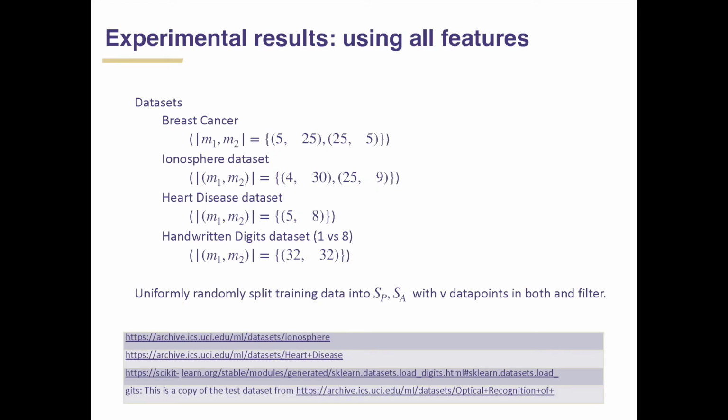Here are some details. These are the particular data sets we looked at. We uniformly at random split our training data into two pieces. On one piece, we erased the labels. On the other piece, we erased some of the features. Then we basically said, okay, in this much simpler problem, do we see something reasonable?